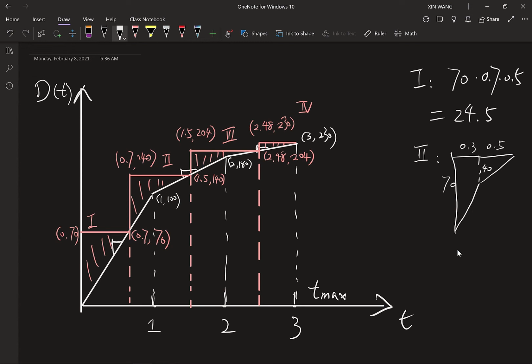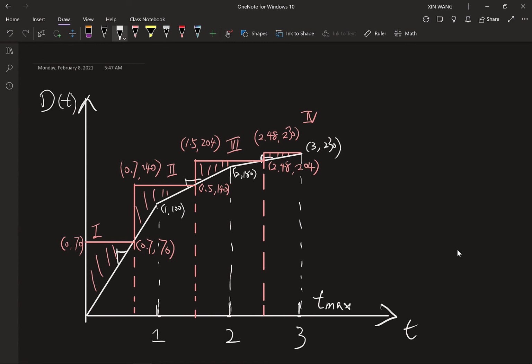Therefore, we can calculate the area. So for this one is equals to 70, 40 times 0.3. This gave us 16.5. And then the other small triangle gave us 40 times 0.5 divided by 2 gave us 10.